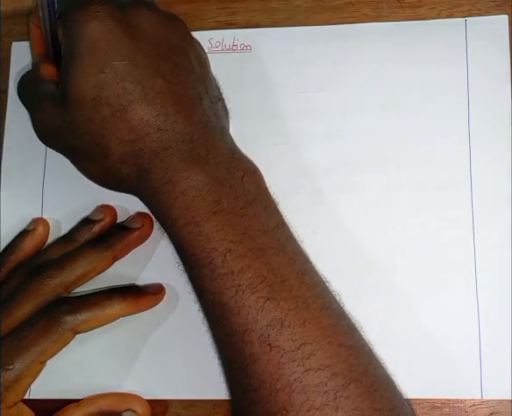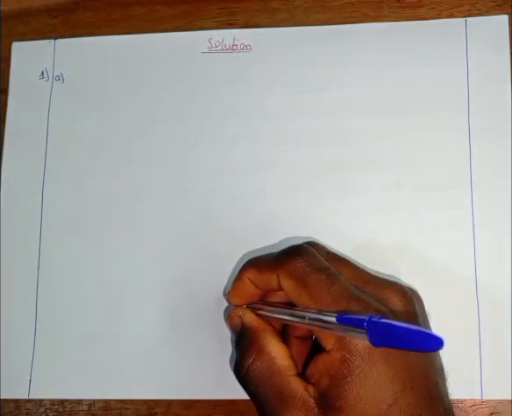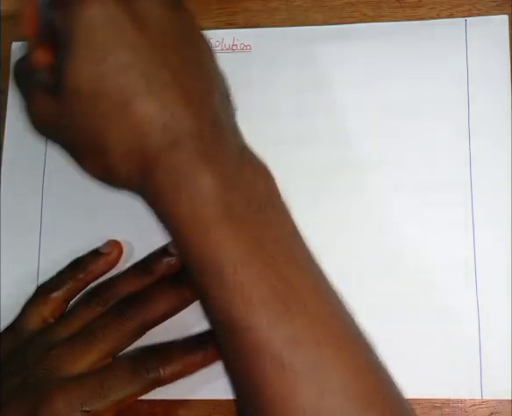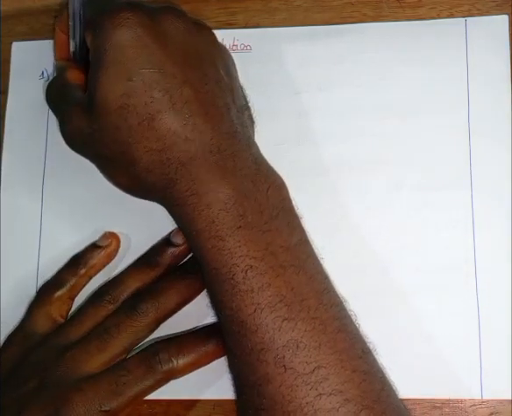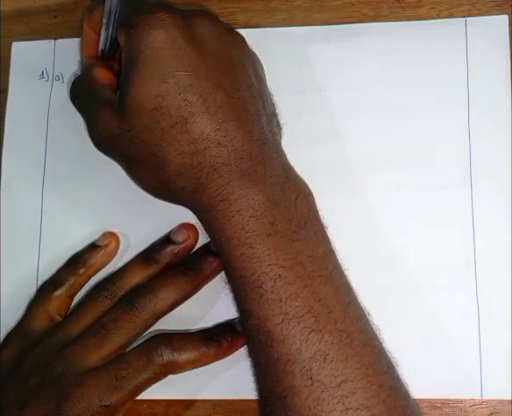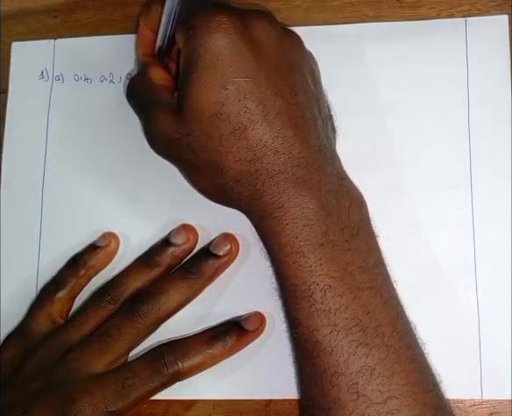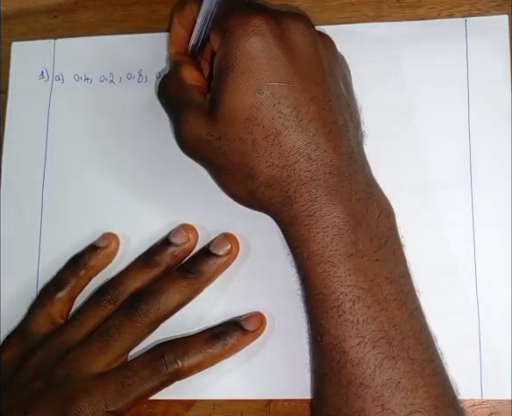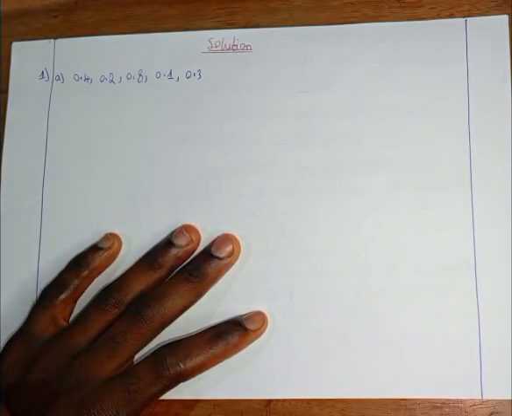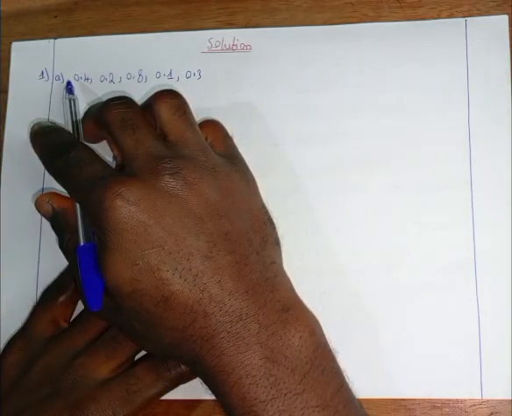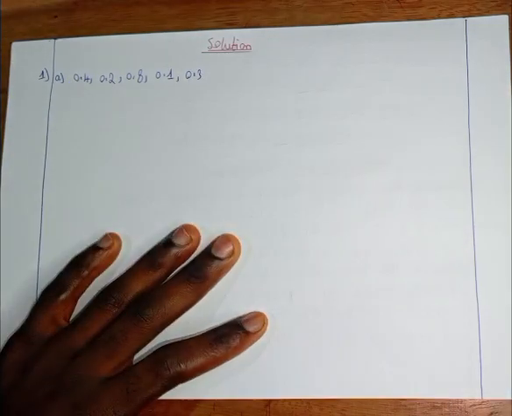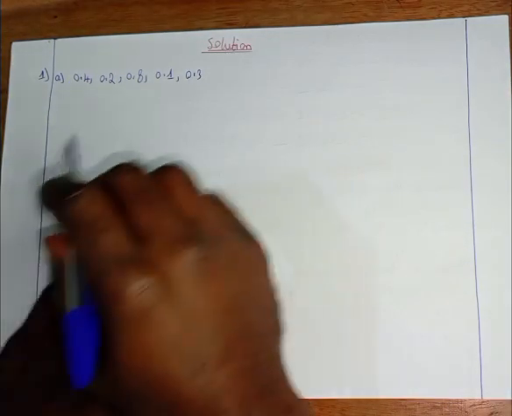Question 1. For A, it says we should arrange the numbers 0.4, 0.2, 0.8, 0.1, 0.3 in ascending order from the smallest to the biggest. You'll see that their whole number parts are the same, 0, 0, 0, 0.